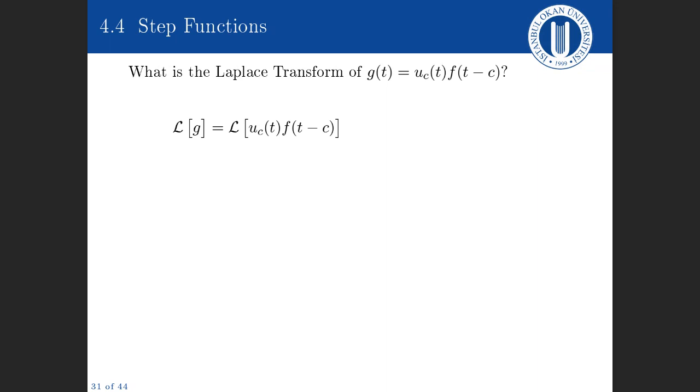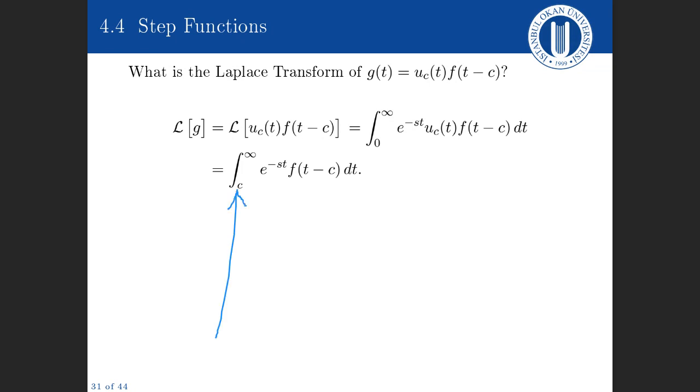Again, we're going to need to use the definition of the Laplace transform. The integral from 0 to infinity, e to the power minus st, u_c f of t minus c dt. And remember, this unit step function is either equal to 0 or it's equal to 1. So ignoring the part where it's equal to 0, it's equal to 1 after c.